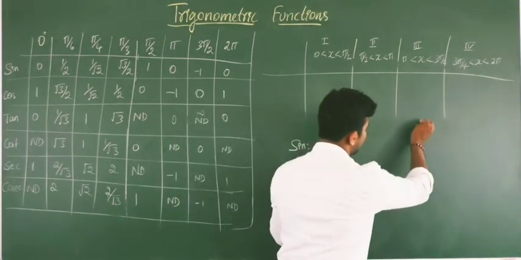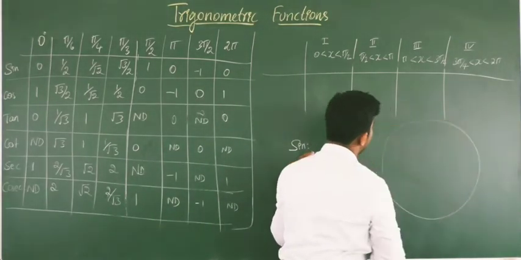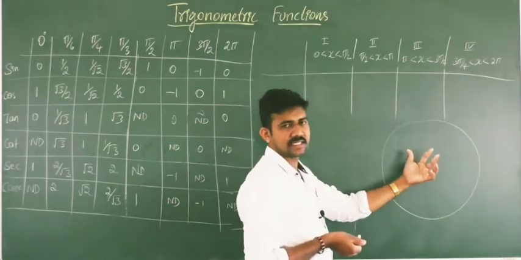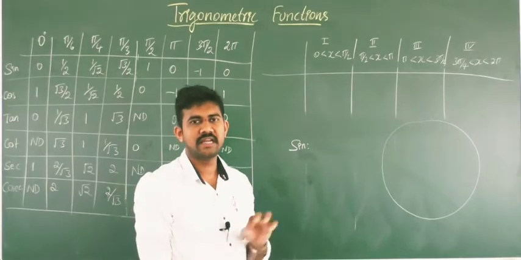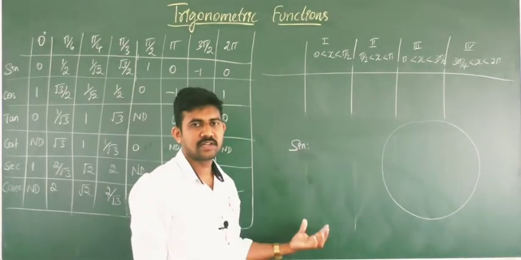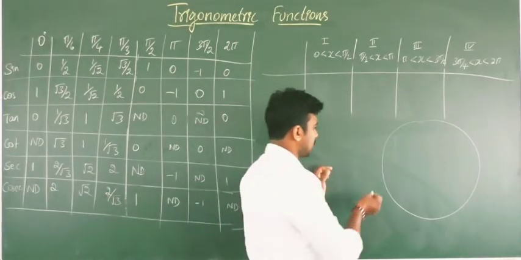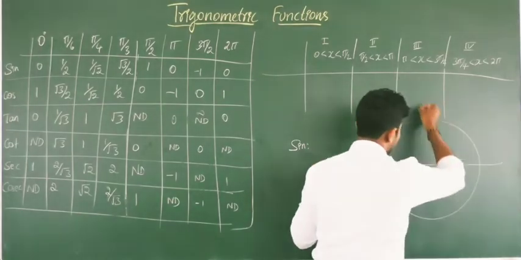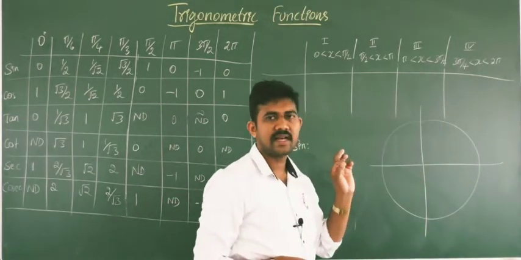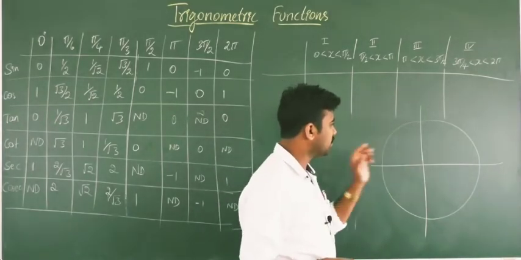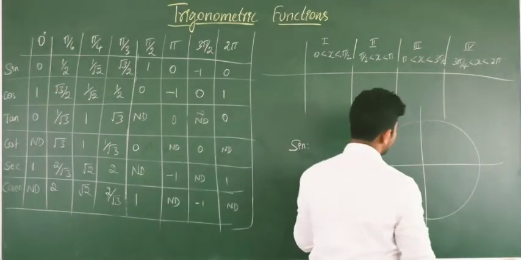Now we know, if you consider a unit circle, I'll explain this later. Before that, I'll briefly explain the trigonometric functions. We have 6 trigonometric functions, the first one is sine. Consider a general circle whose center is the origin.